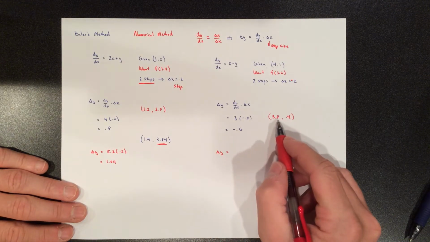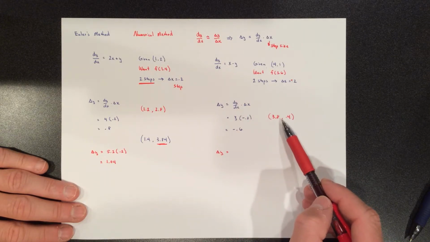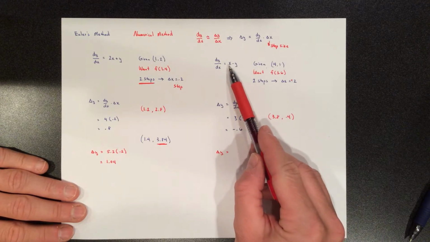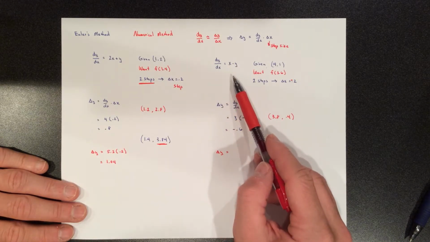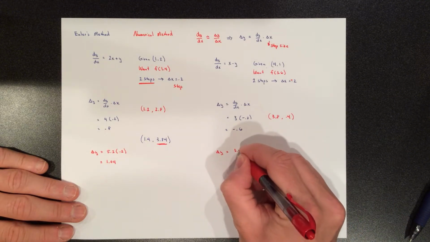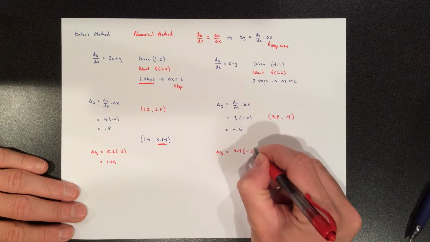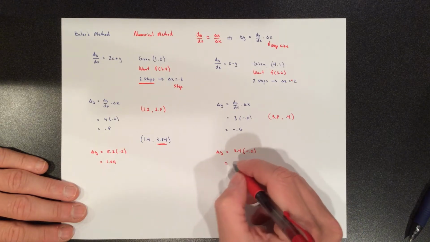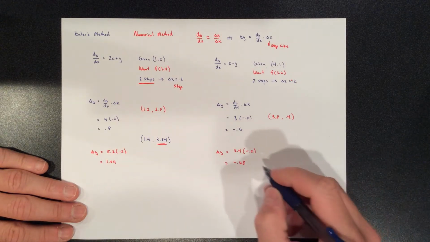I take 3.8 and 0.4, and I come up here and I find the slope at that new point. Well, the slope is just x minus y, so it's just 3.8 minus 0.4, and I get 3.4 for my slope. Slope times delta x of negative 0.2, and I get negative 0.68 as my new delta y, and that's going to give me a new point.